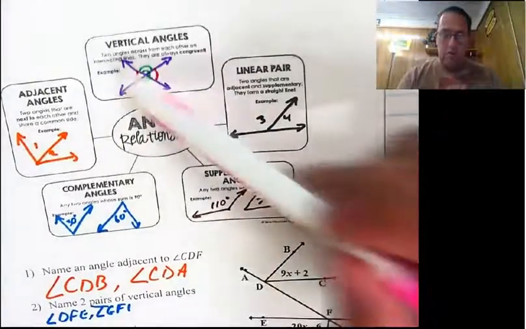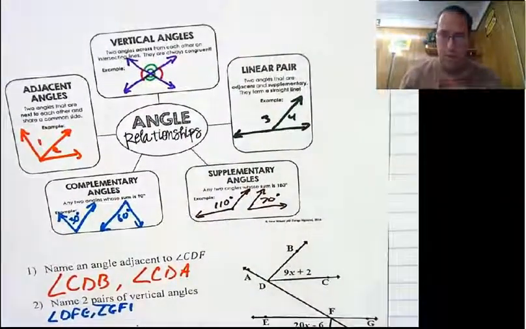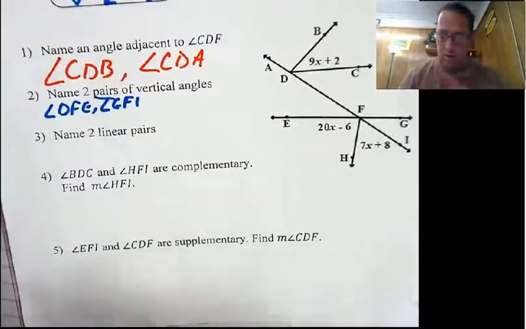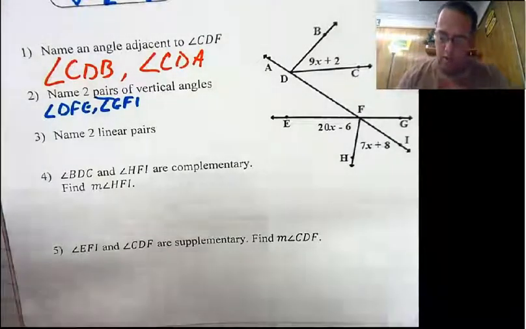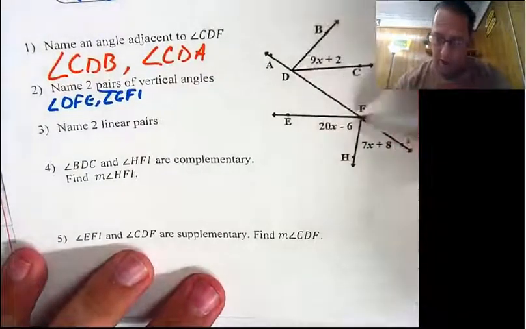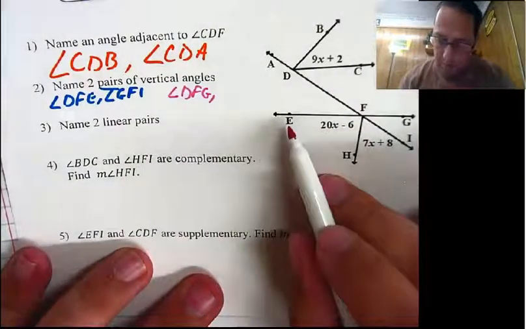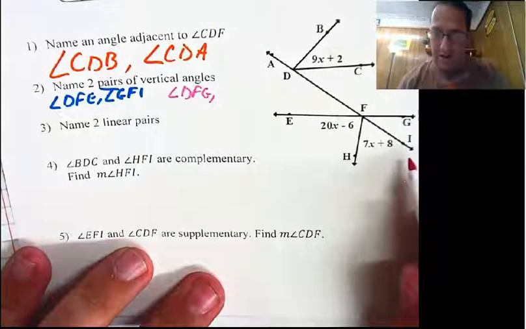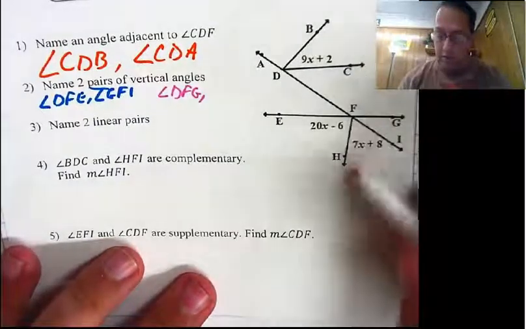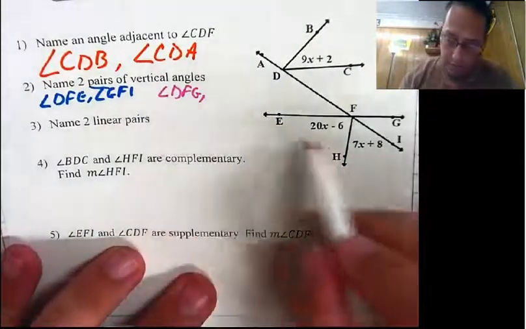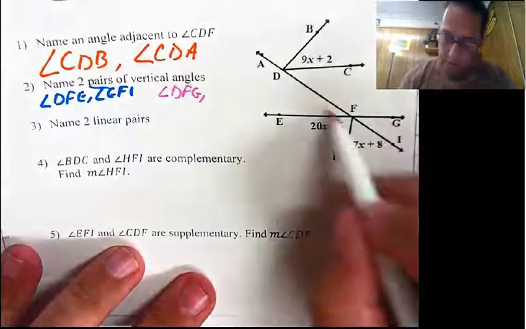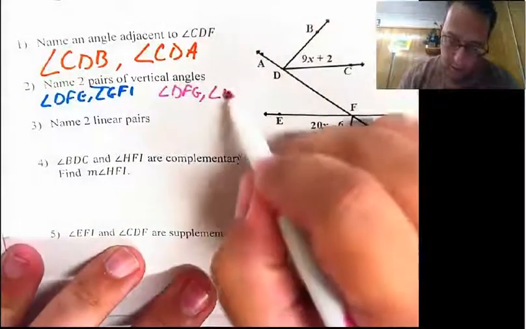The other one is this obtuse angle here, DFG, and across from that is angle EFI, which is a little hard to see because we've got ray FH there in the middle. But still, we have this whole big angle there, which is congruent to that whole big angle there.